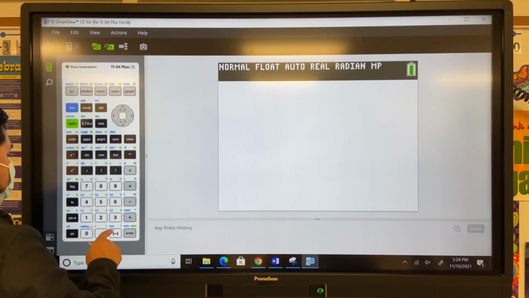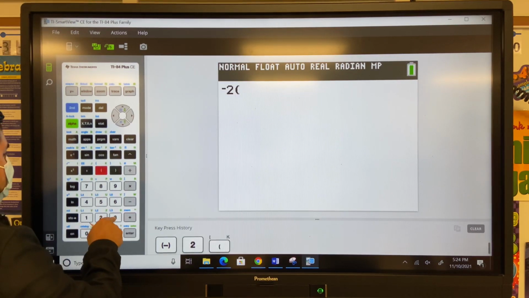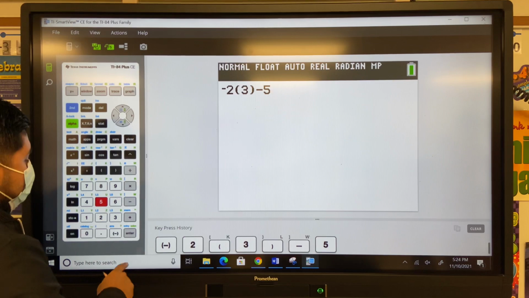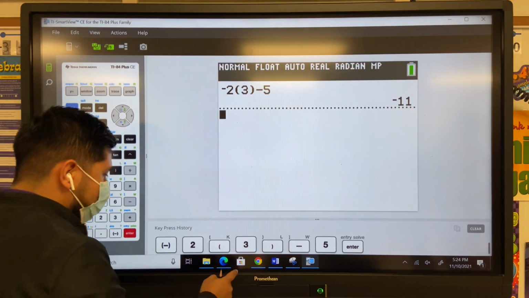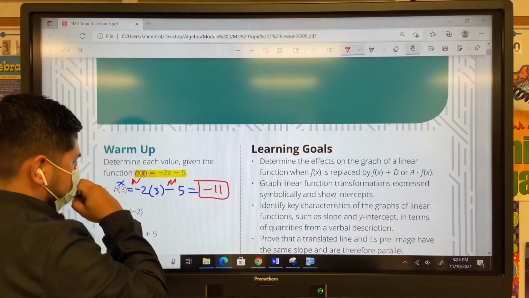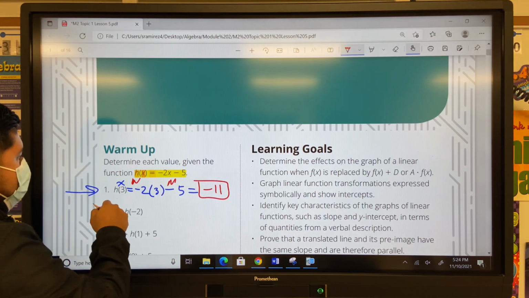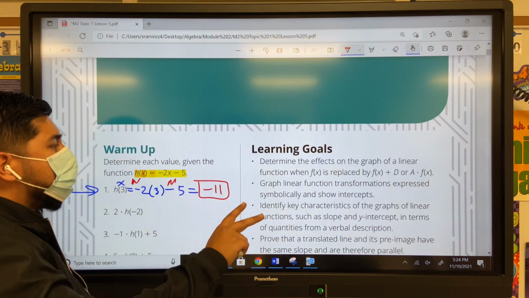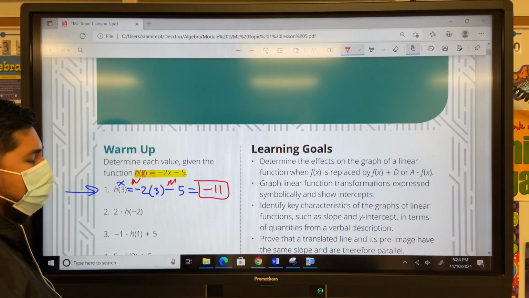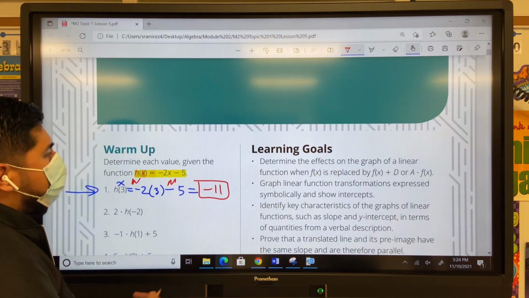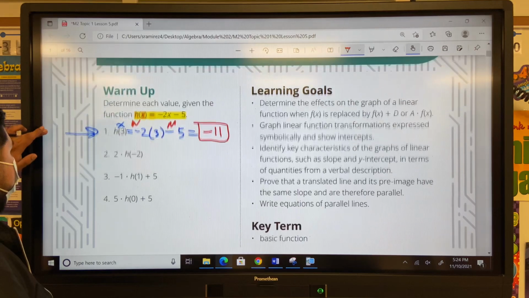Double-check your calculator: -2 parentheses 3 parentheses -5 to get our value of -11. So at h of 3, our answer is -11. There are multiple ways to do this, but of course I want to show you a little bit of arithmetic, a little bit of substitution, just to get our minds flowing easy by easy.